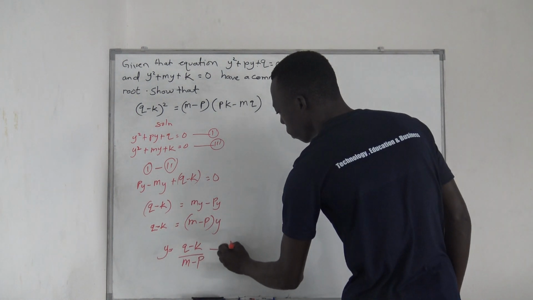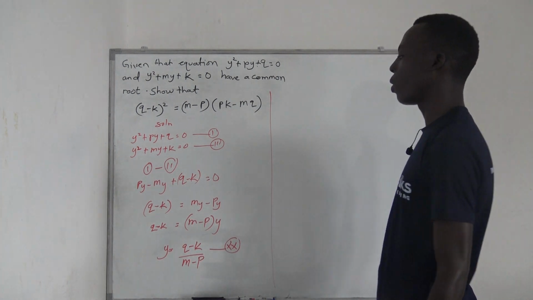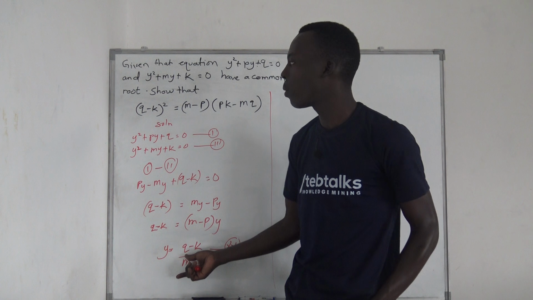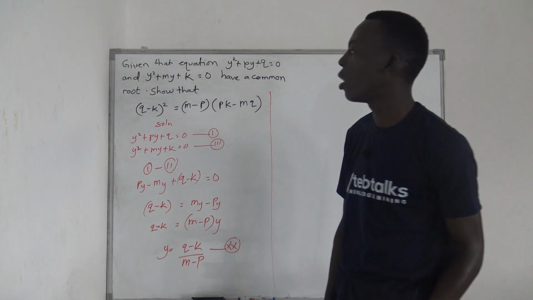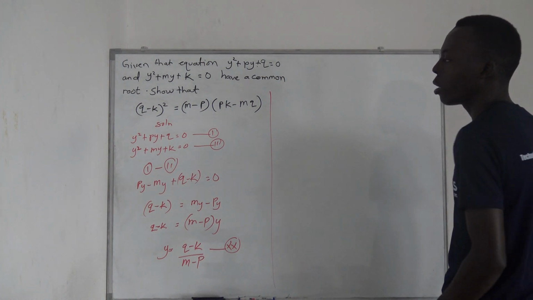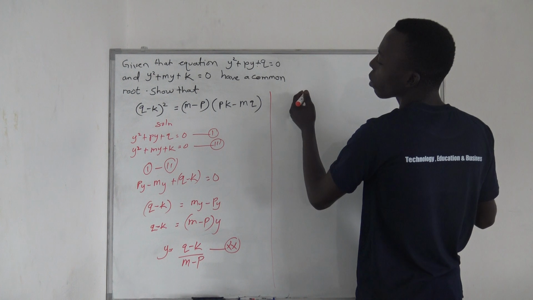So this one, equation star. Now after getting the equation star, you can substitute in the first or second equation, and you get what they want. So let us put in the first equation and see what will be the result.